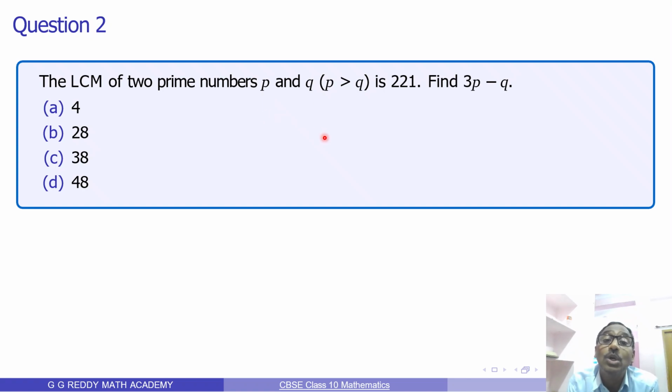If you multiply those two numbers, you should get the LCM 221. After finding p and q, take the larger number as p and the next as q. So 3p minus q you have to find. What is the answer here? Try to find it out.